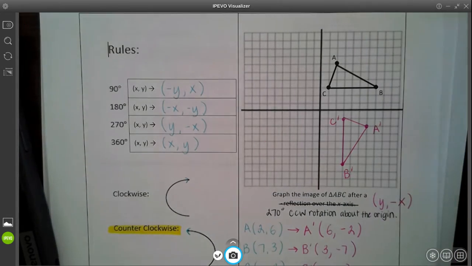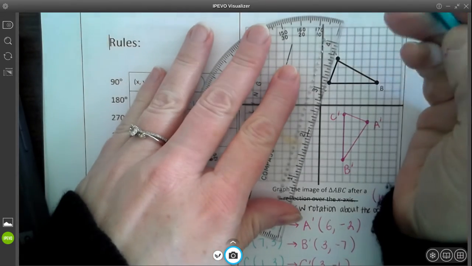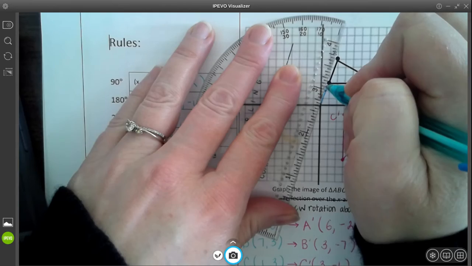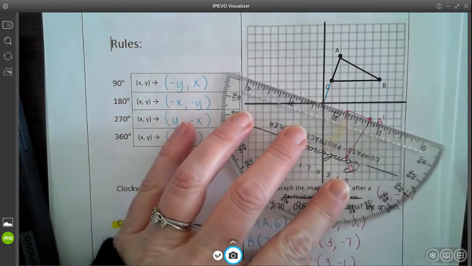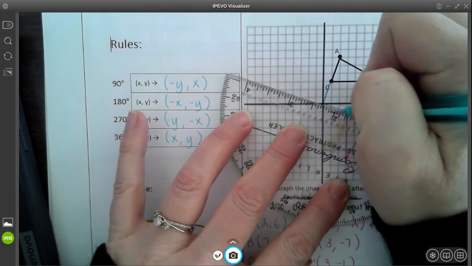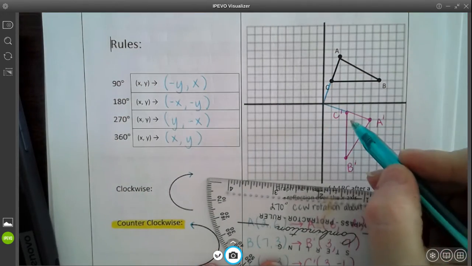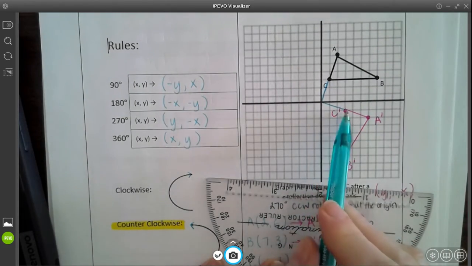Okay, another thing to kind of notice is what happens if I were to connect an original point to the center of rotation, which is the origin, and then connect it to its image. What I end up getting is a segment that's the same exact length. So this length and this length are the same.